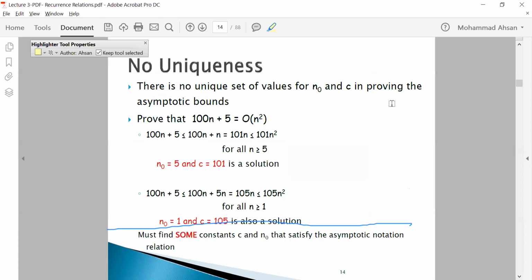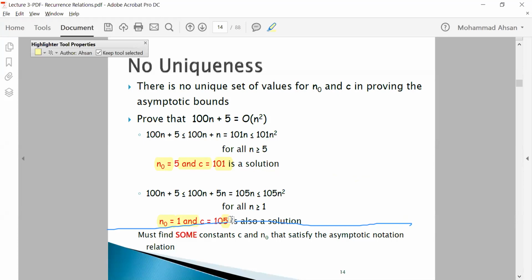So like I said, there is no uniqueness for the values of n0 and c. For the same equation, you can choose different values and prove that your equation is right. Okay. So if you see in the first example, we have chosen n0 equal to 5 marked in red, and c is 101. And similarly here, n0 is 1 and c is 105.